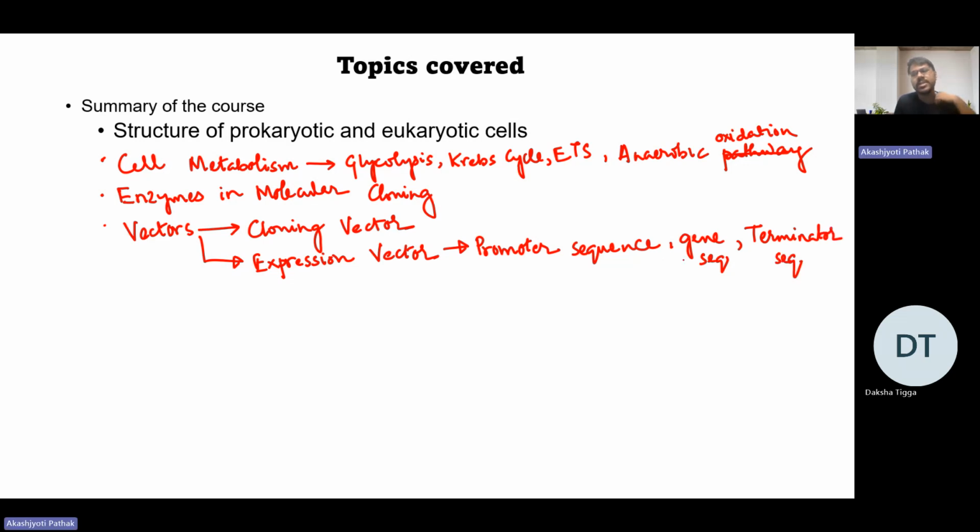If these sequences are not present, then the gene will not be transcribed, isn't it? Because at the promoter site, your RNA polymerase will bind and start transcription of the gene.